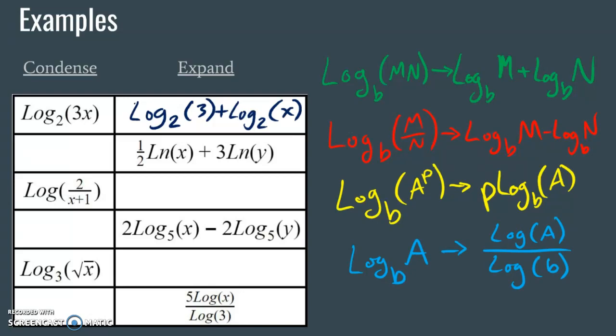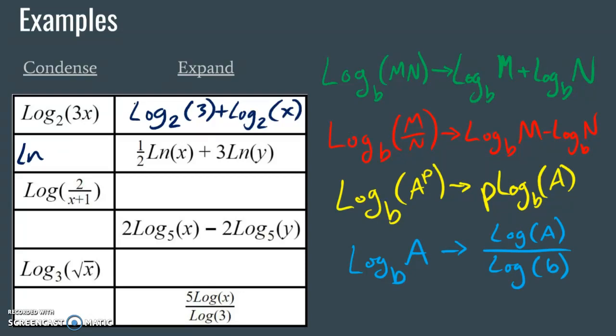Now our second one is separated, and if we want to condense it into one logarithm, the bases don't change, so it's still the same natural log, but this time x and y multiply with each other. But notice that they have numbers in front of the logarithms. That's where our power property is going to come in.